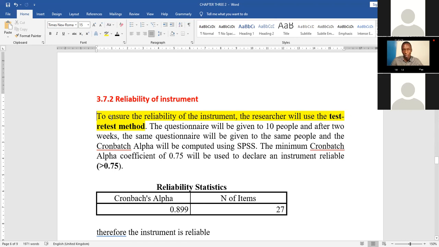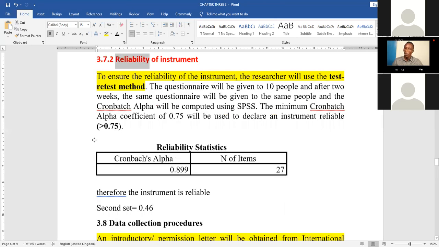I'll teach you how to do that. You enter that data into SPSS and compute the reliability analysis, and then you'll get a table like this. When you get this table, it shows that the Cronbach's alpha value is 0.899, whereas the number of items is 27. Where does this table come from? From SPSS, guys.